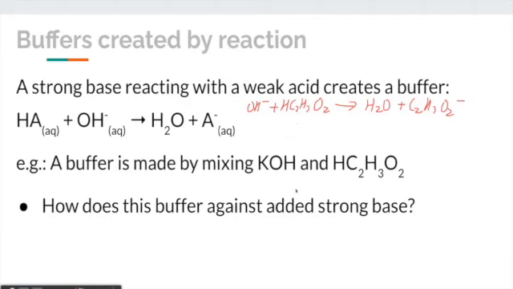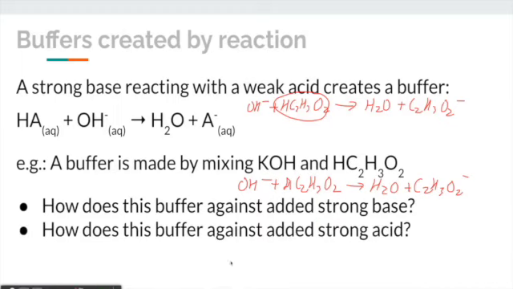So if we add strong base, well, we have a weak acid to react with it. So that's what will happen. If we add strong base, we'll have OH minus, just like this reaction, reacting with HC2H3O2, and it's going to produce water and a weak base. So the buffer turns a strong base into a weak base.